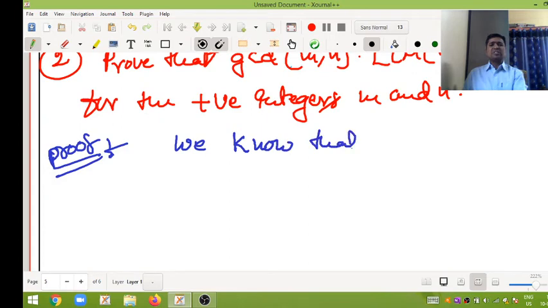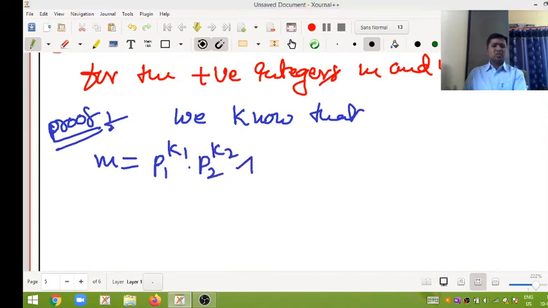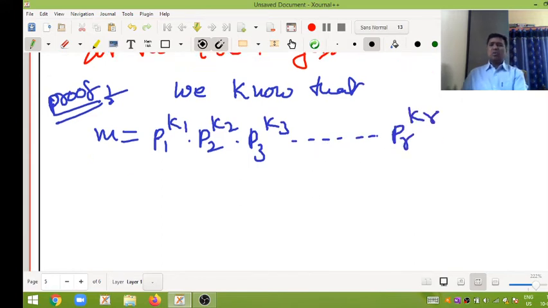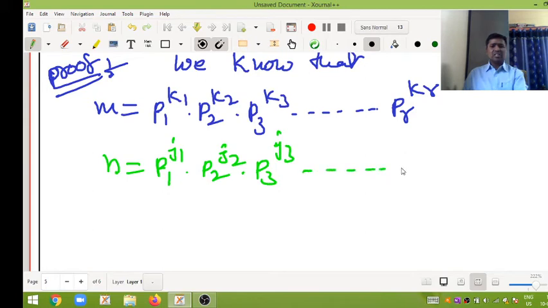So we all know that m is p1 power k1 into p2 power k2 into p3 power k3 into so on, etc., pr power kr. And one more integer, n, is equal to p1 power j1 into p2 power j2 into p3 power j3 into so on, etc., into pr power jr, my dear friends.